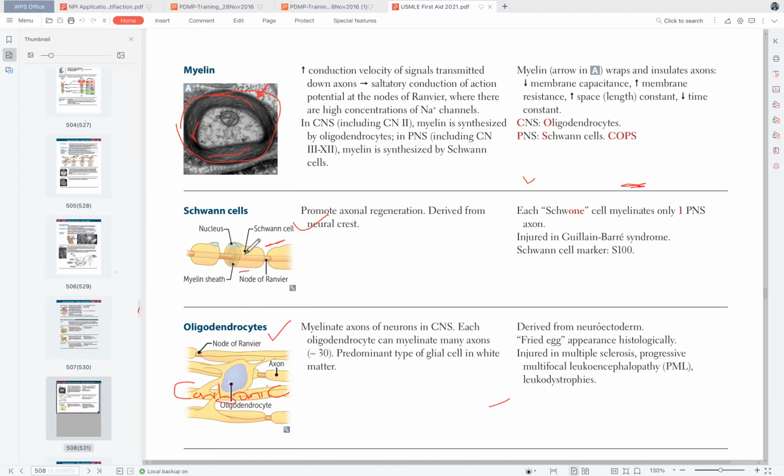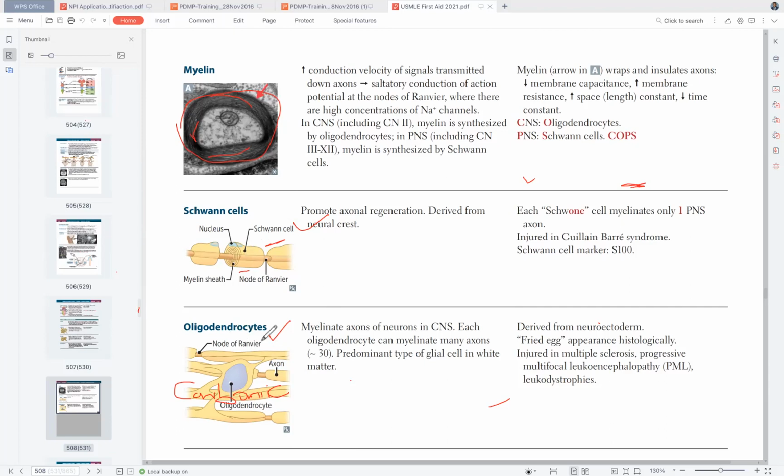So if we take the axons of the neurons that make up the brain, if we take the axons of cranial nerve 1 and 2, very important, you know that only cranial nerve 1 and 2 are part of the CNS, right? All other cranial nerves are peripheral nerves, and they are considered peripheral nerves.